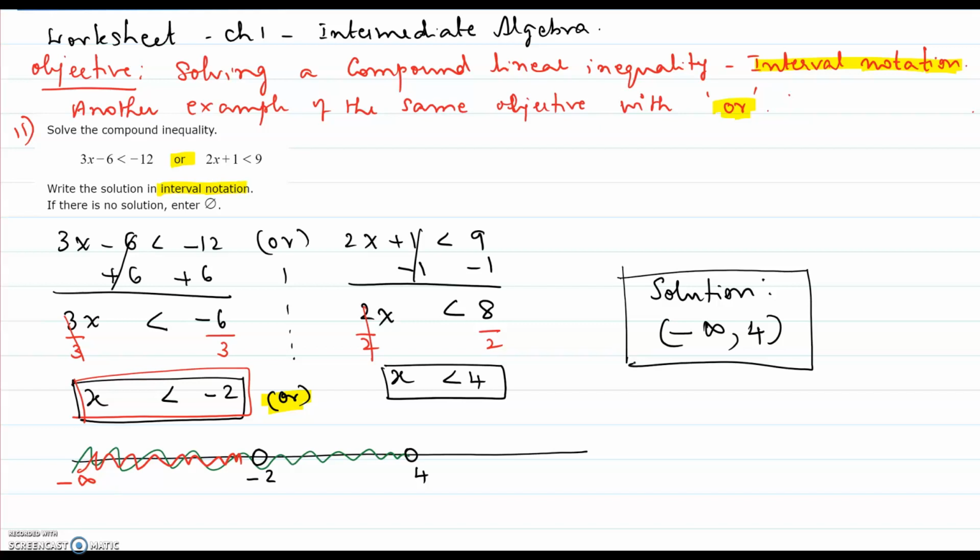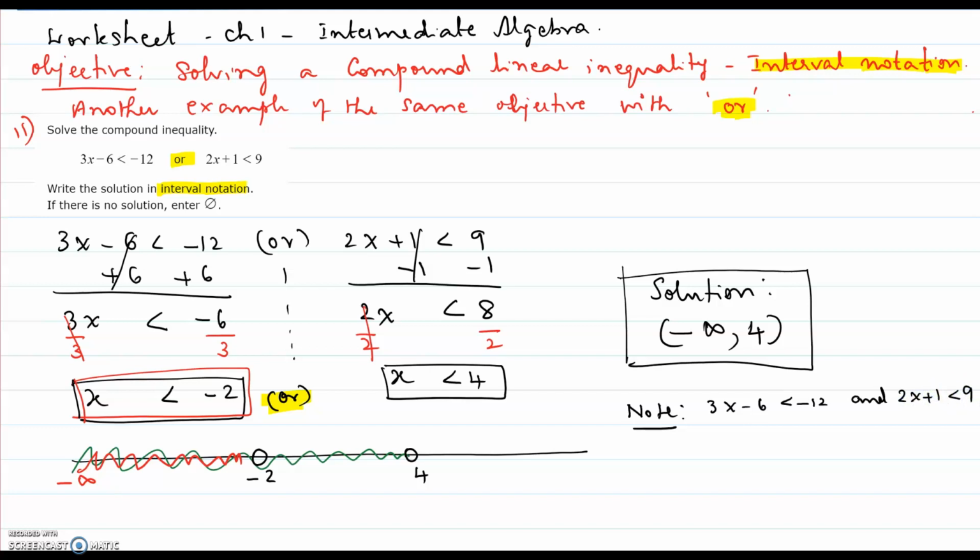Just for the sake of understanding the compound inequality, if the same problem had and in between, so 3x minus 6 less than negative 12 and 2x plus 1 less than 9.